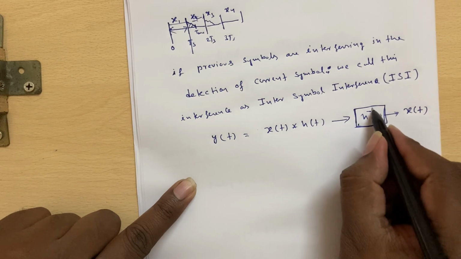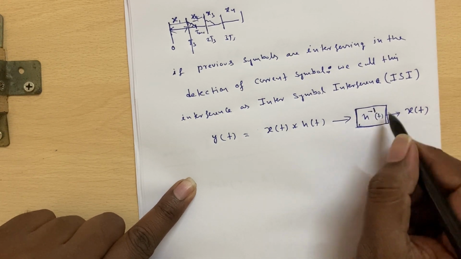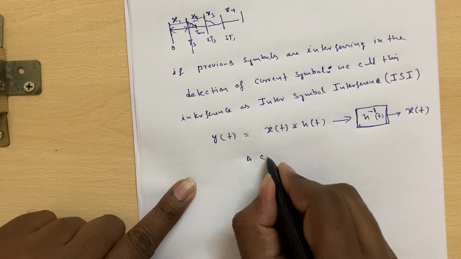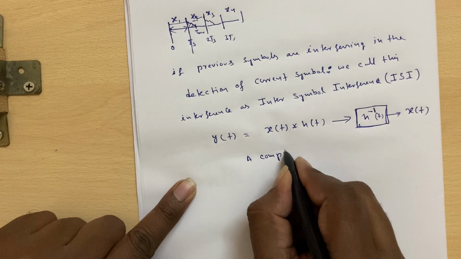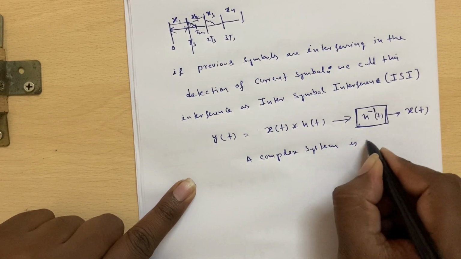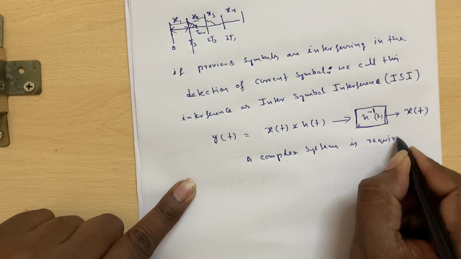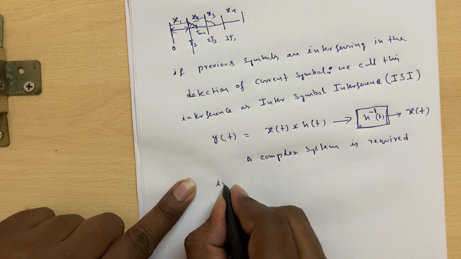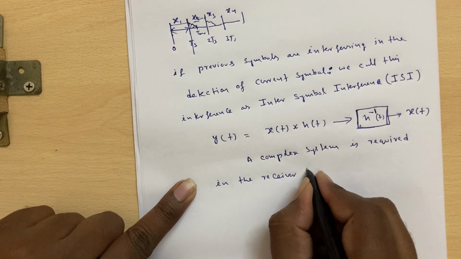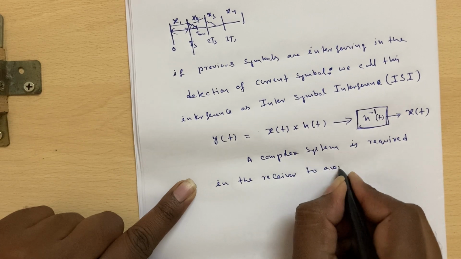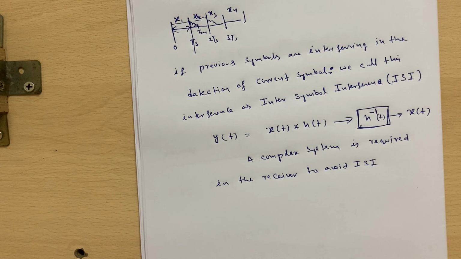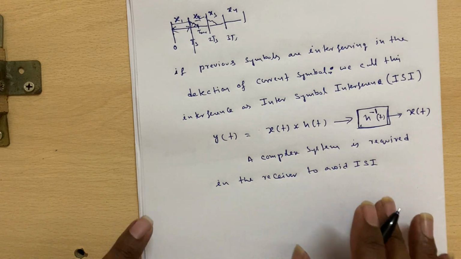So there must be a channel estimation, and a complex system is required in the receiver to avoid ISI. So receiver complexity will be increased if you want to mitigate ISI this way.